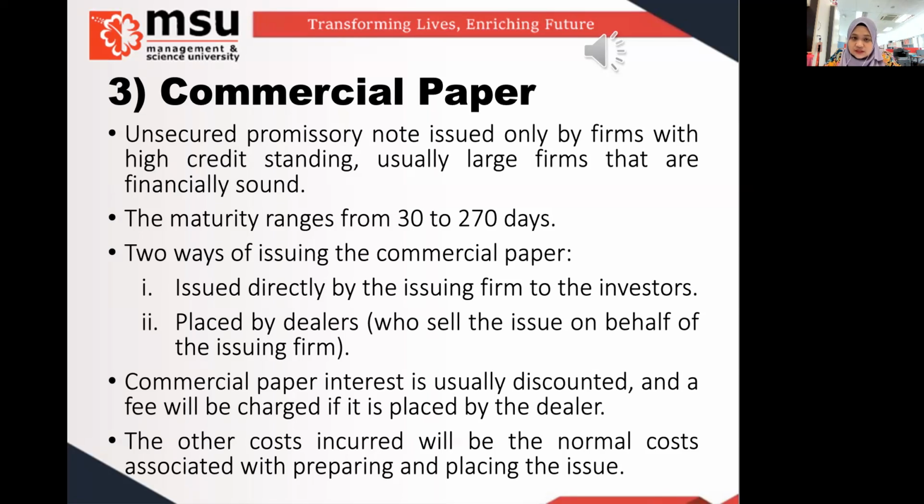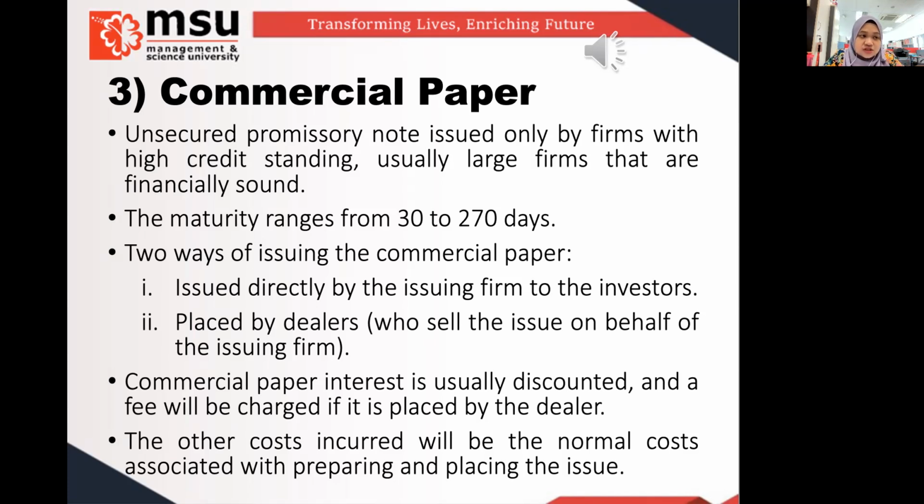The first one is issued directly by the firms, the issuing firms, to the investors. So they issue directly, or the company can issue the commercial paper using an agent. So they assign an agent to issue the commercial paper. Basically, it is placed by a dealer.